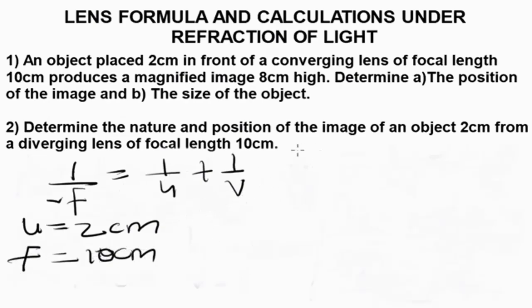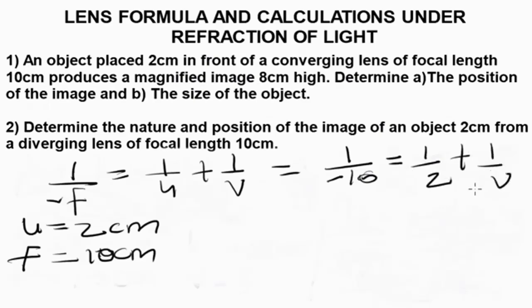So let's substitute these values in the formula. Because it's a diverging lens, we are going to apply the minus sign now. 1 over minus 10 equals 1 over 2 plus 1 over v. To make v the subject of the formula, this 1 over 2 crosses over the equality sign and changes to negative.